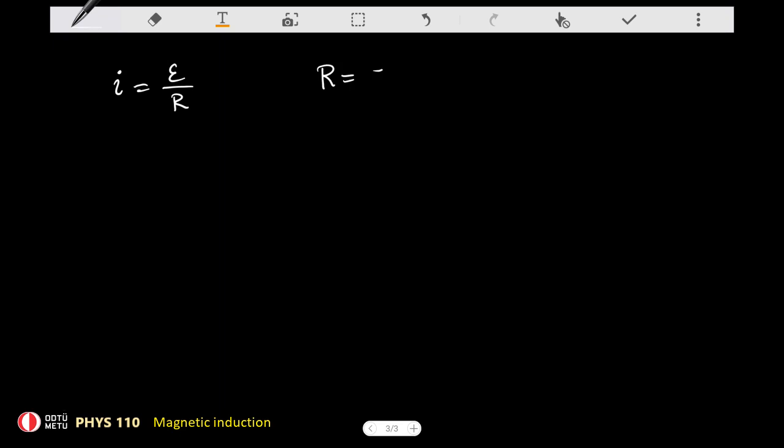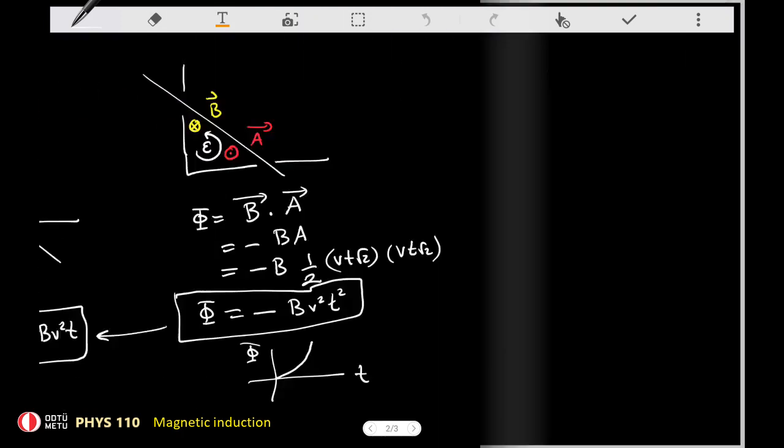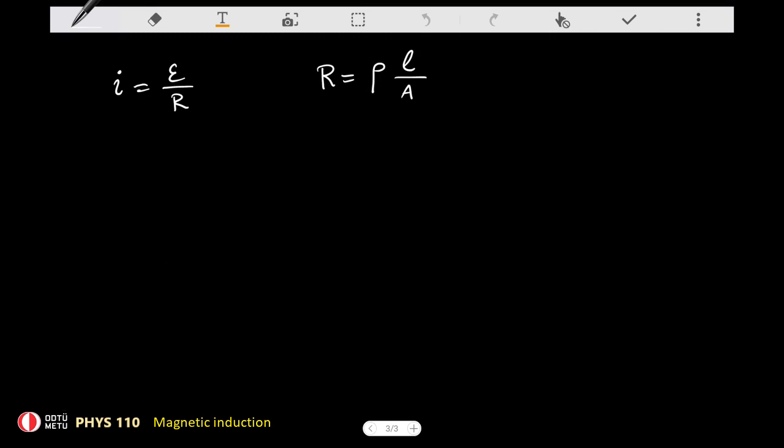The resistance is equal to resistivity times length divided by the cross-sectional area. This is more or less a uniform cross-section with uniform resistivity. I just need to compute the length, and the lengths are given in here. There are these three sides to that triangle, so the resistivity is multiplied with the length. The lengths are Vt root 2 plus Vt root 2 for the two sides, and for the hypotenuse we have 2Vt, divided by the area.